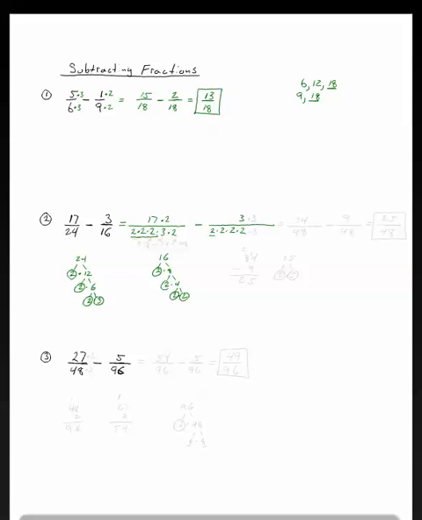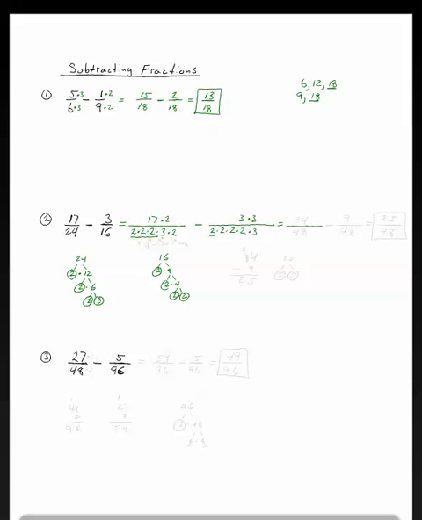Now in my first fraction, I've got 4 factors of 2 and a factor of 3. My second fraction has 4 factors of 2, but I'm missing the factor of 3. So I multiply by 3. If I'm going to do it to the denominator, I have to also do it to the numerator.